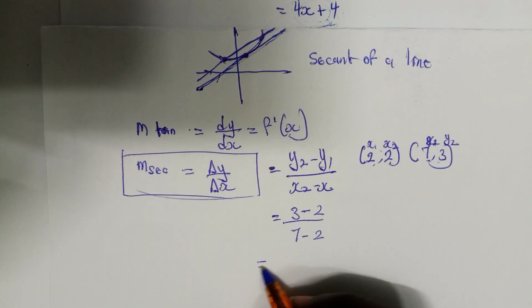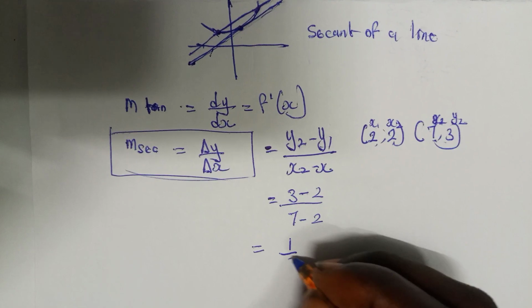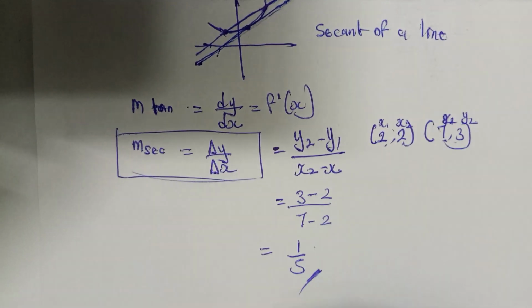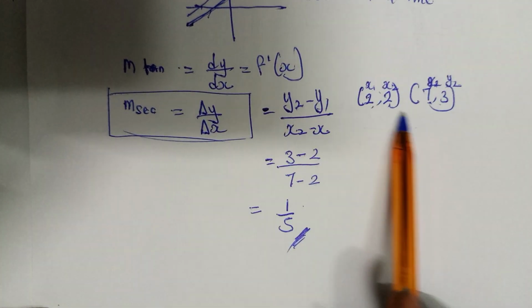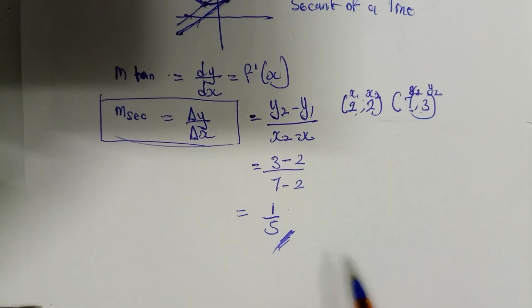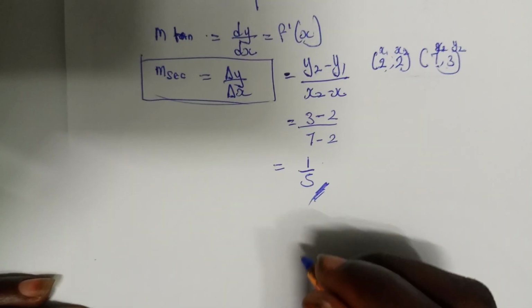So we are going to get 1 out of 5. So this is the slope or the gradient of this line. Okay, let's talk about the tangent.